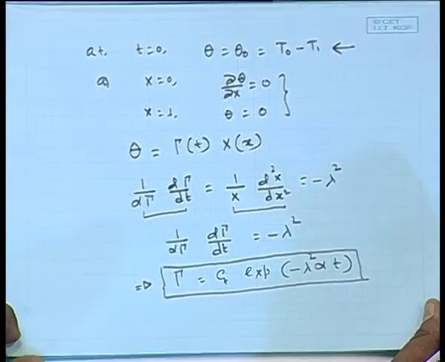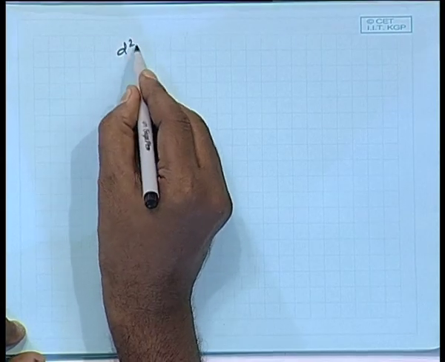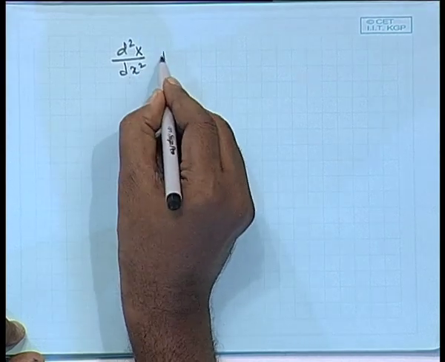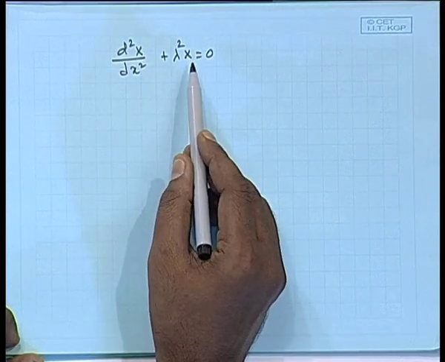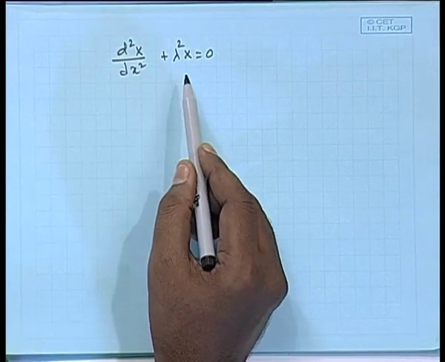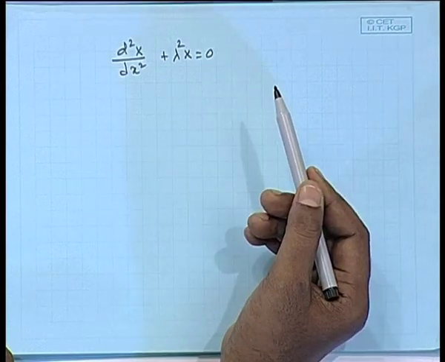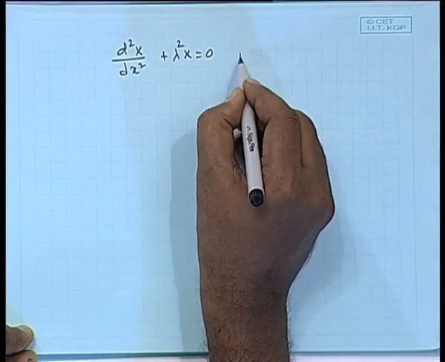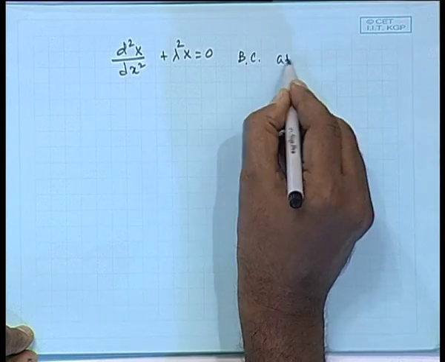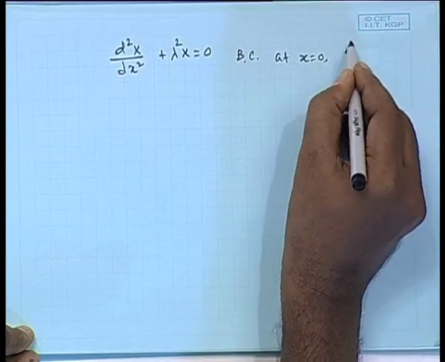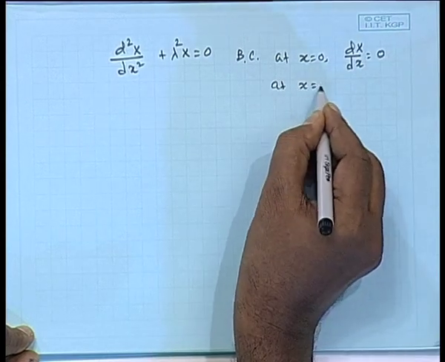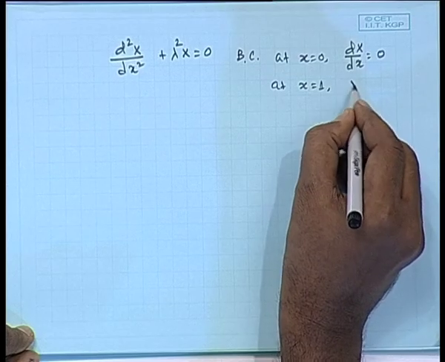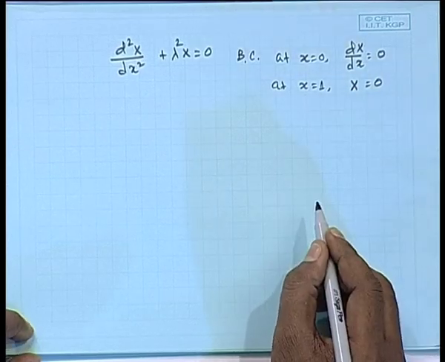Now, let us look into the x varying part, d square X dx square plus lambda square X is equal to 0. And the boundary conditions this equation satisfies are the boundary conditions satisfied by the original problem. Okay. So, the boundary conditions are at x equal to 0, you are having dX equal to 0, at x equal to 1, you are having capital X equal to 0, right.